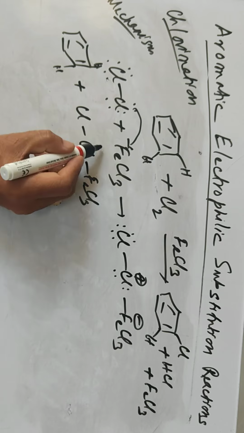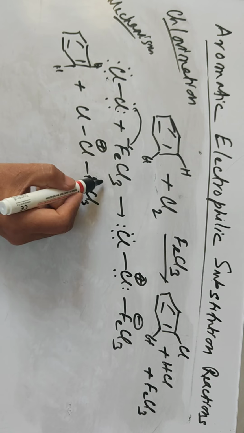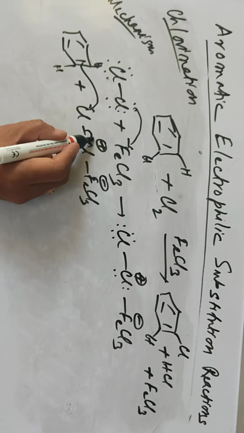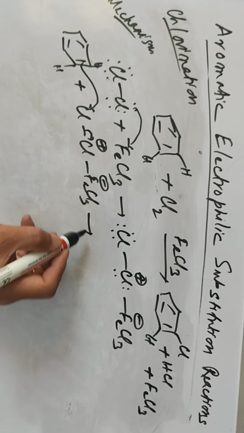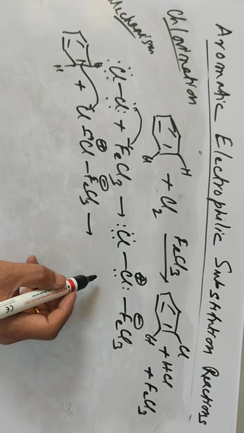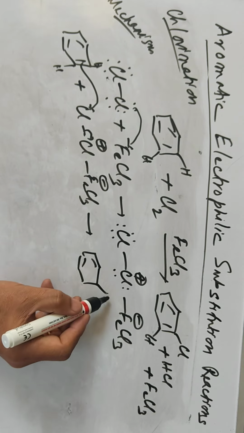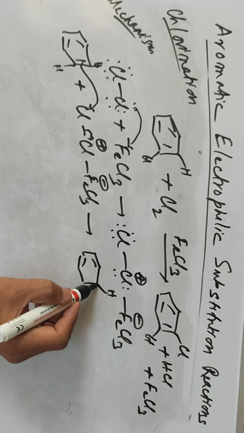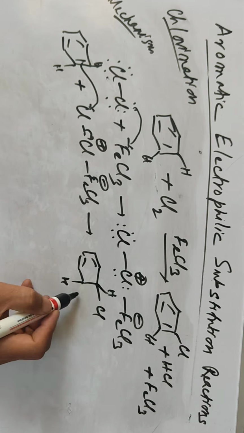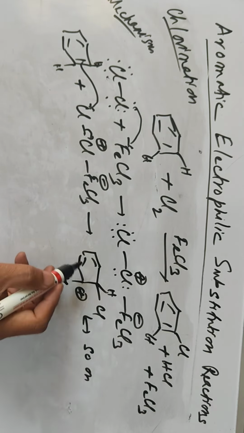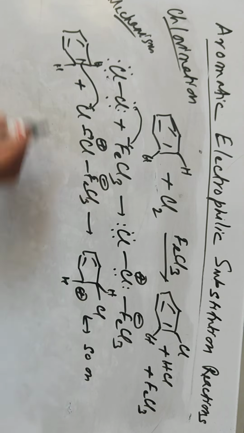Okay, let's write that: this positive charge, negative charge. So I take this by this, and then we get this product. The intermediate carbocation is formed here, with hydrogen and chlorine. This can be delocalized like earlier cases, so they are coming to this one.